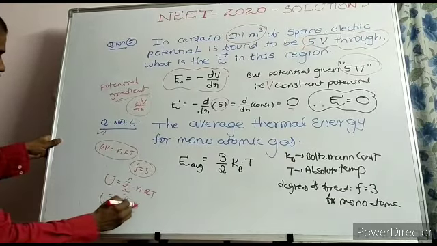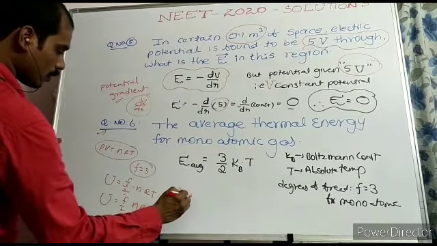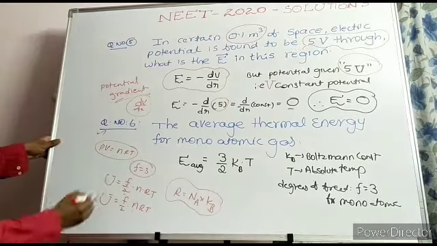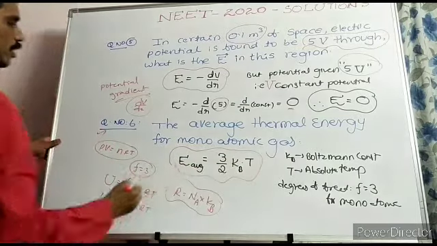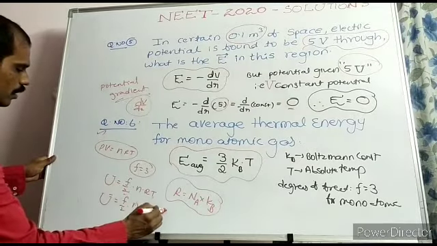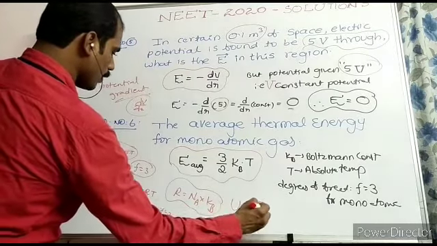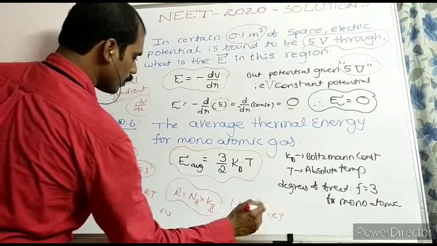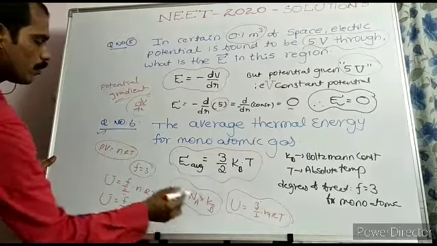So that is nRT, as well as R is equal to Avogadro number into Boltzmann constant. Using these expressions we will prove that 3 by 2 kT. Where we know that F is equal to 3, internal energy U is equal to F by 2 into 3 by 2 into n into R into T, and R can be written as Avogadro number into Boltzmann constant.